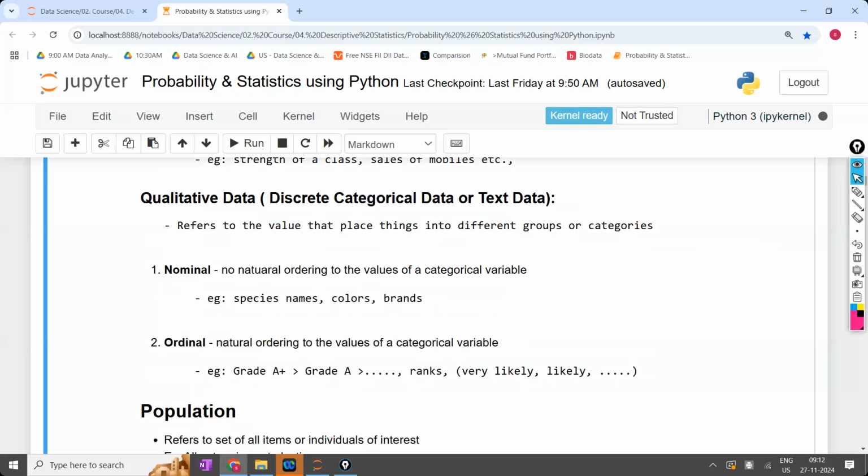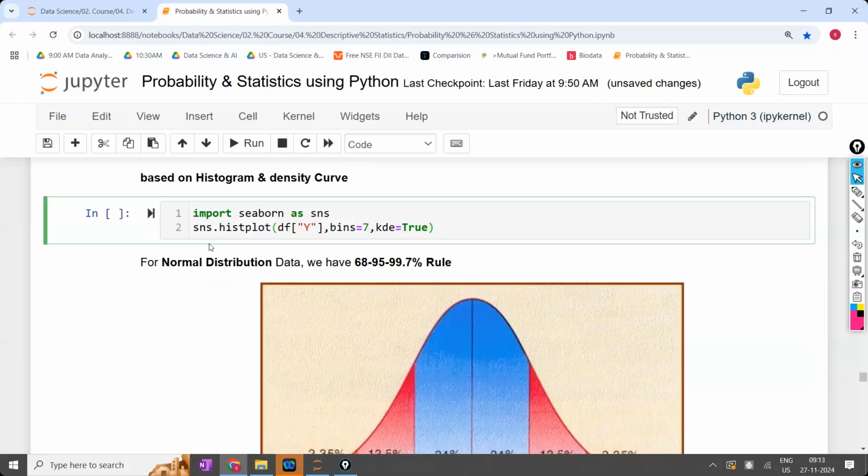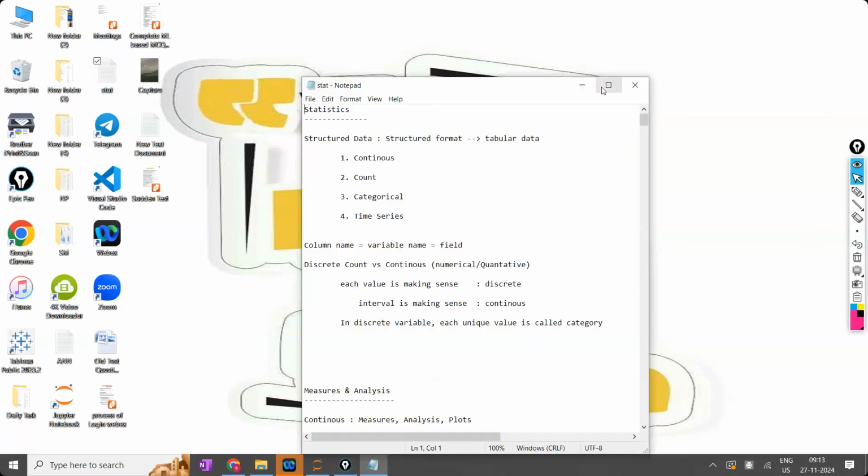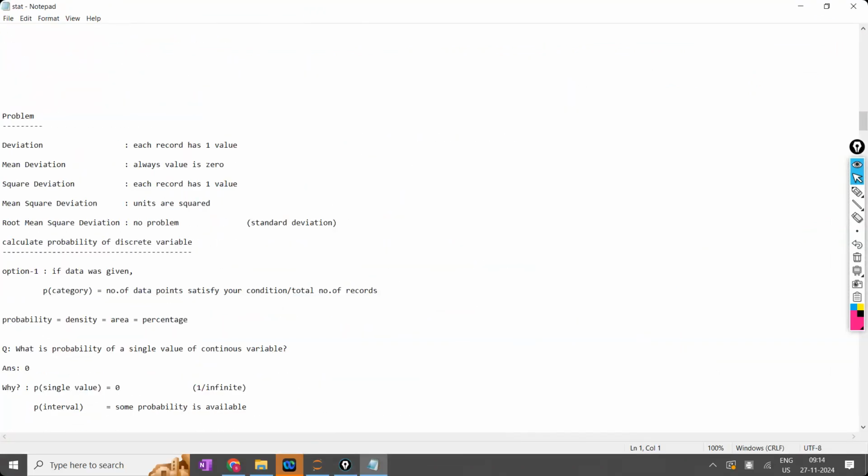The probability can be calculated for a continuous variable when they have given the data to us, and based on the data directly we can calculate the probability. That is one way. The second way of calculating the probability is based on the Z score. Okay. I assume that in the last class you have taken the notes of this.